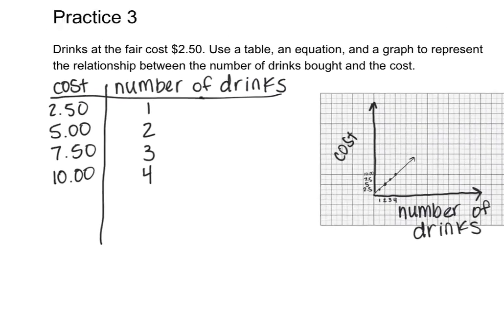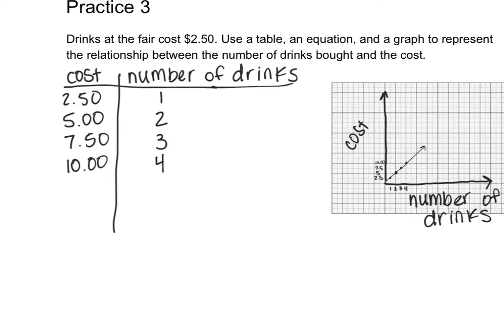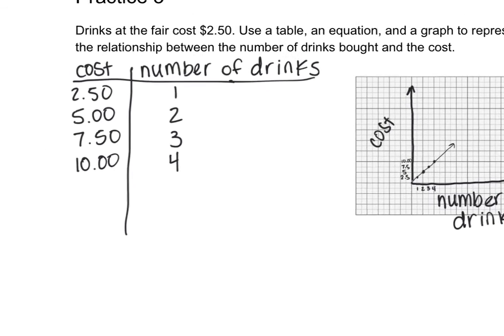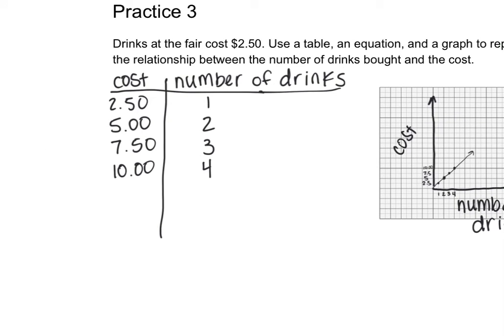Okay, and lastly, we need to find an equation, okay? So we have to make a variable for the number of drinks. We can make that n represent the number of drinks. Actually, no, sorry. We are going to make x the number of drinks.